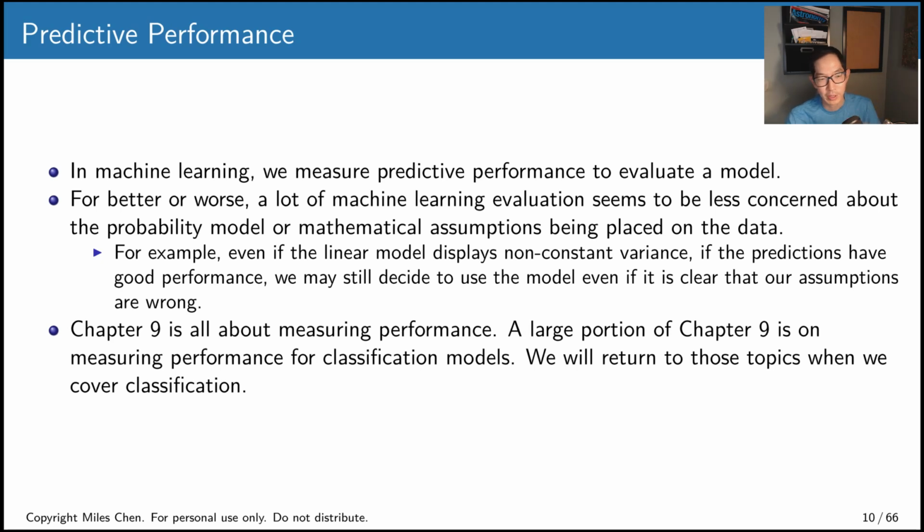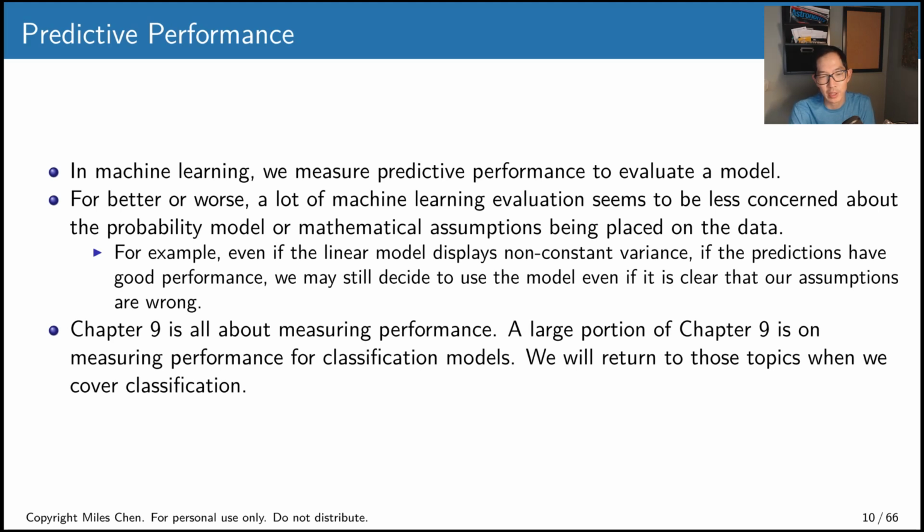So, for example, even if the linear model displays something like non-constant variance, if our predictions have good performance, we might still choose to use the model, even if it's clear that our assumptions are wrong. So this is the machine learning approach. We just really care about our predictive performance.